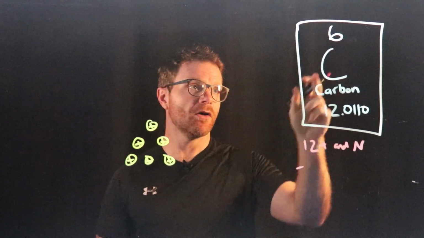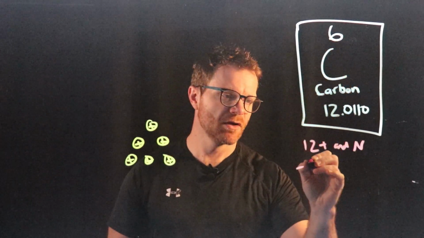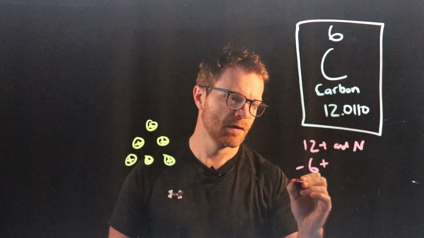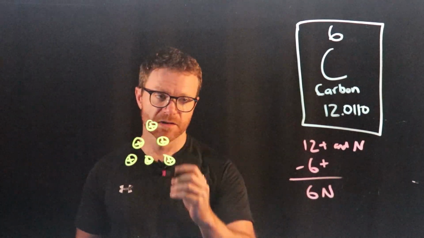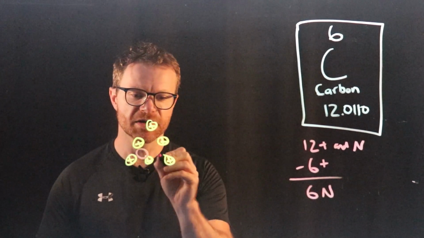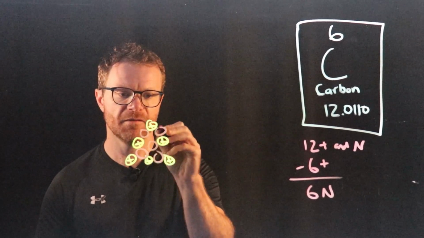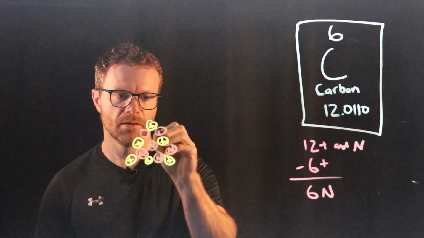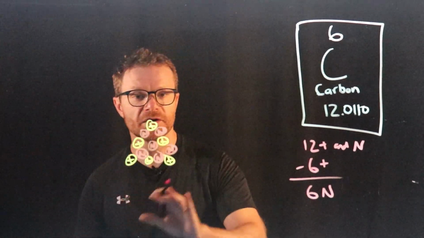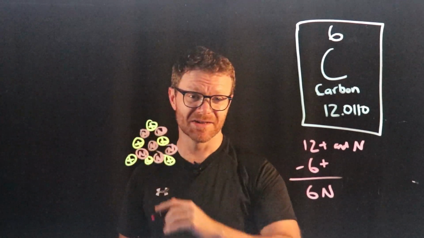And we know that 6 of those are protons, then that leaves 6 neutrons. So let's put 6 neutrons in this nucleus. 1, 2, 3, 4, 5, 6. Okay, so there's our nucleus, 6 protons and 6 neutrons.